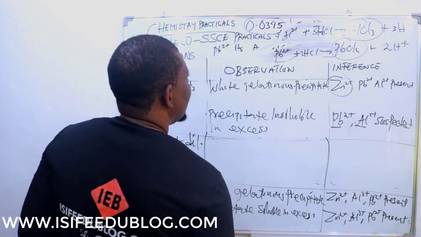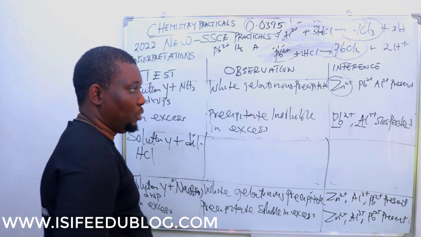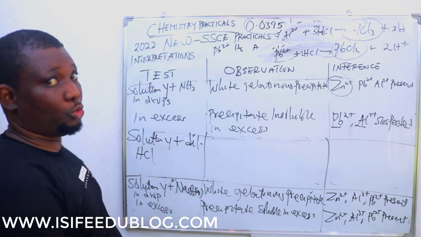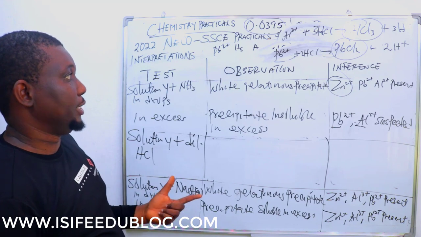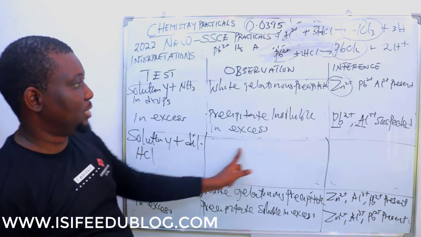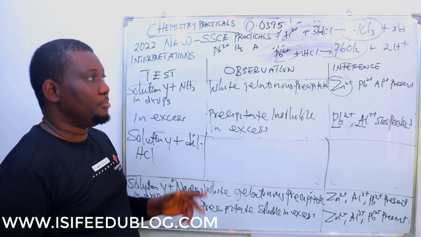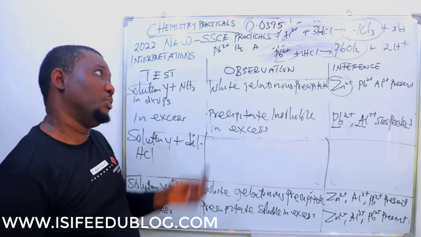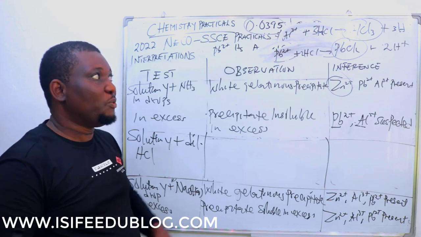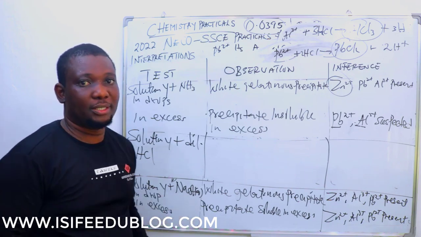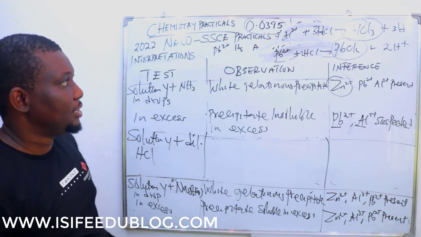So now, if it is lead, which it is not lead, because we already told you the salts, it will form a white precipitate with HCl. But it's not lead. So with this, there are no precipitates.